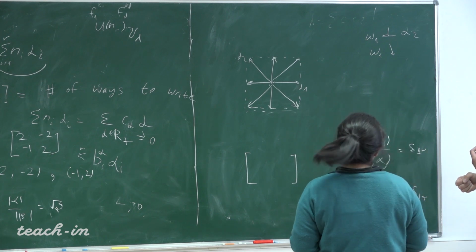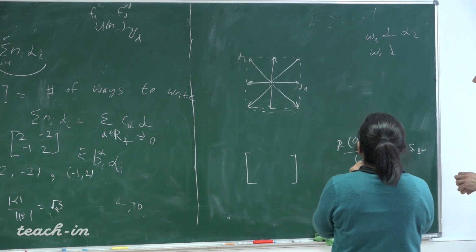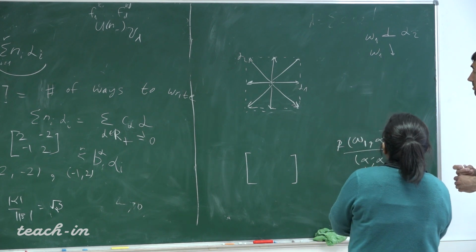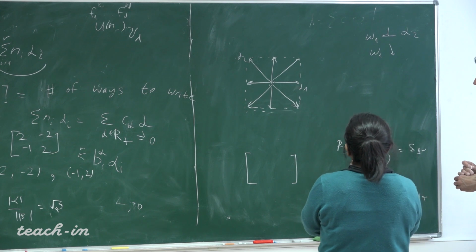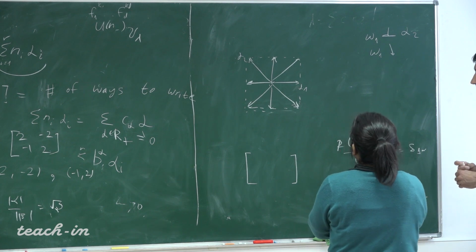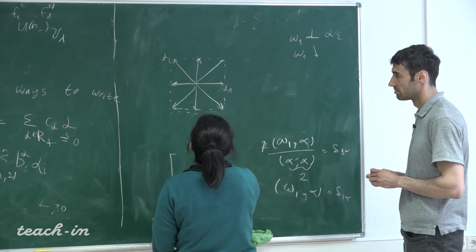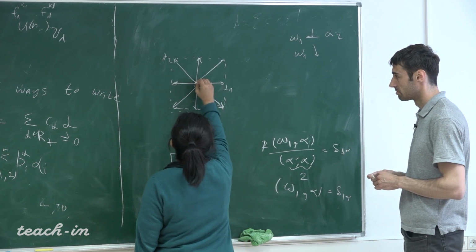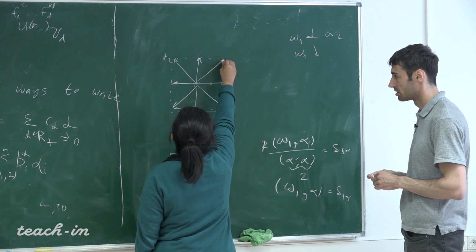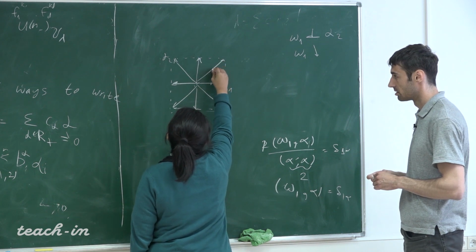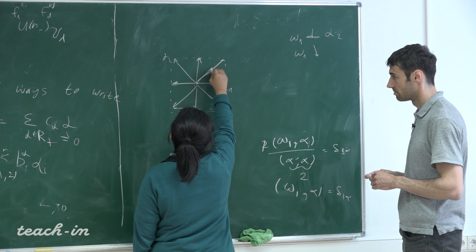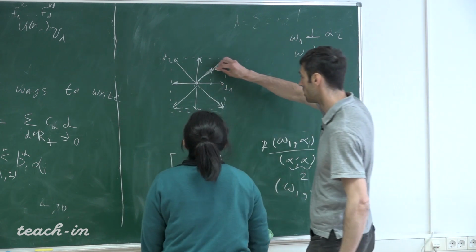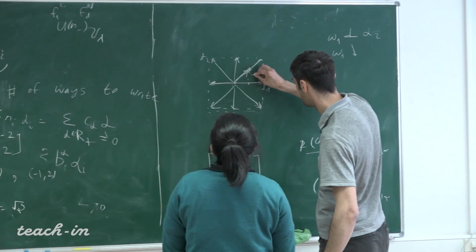Omega 1 is orthogonal to alpha 2, and omega 1 also projects to half of alpha 1. So it is something like this. Exactly. So this is omega 1.